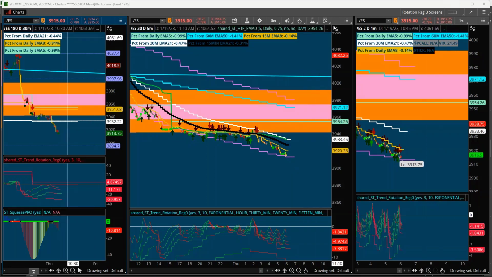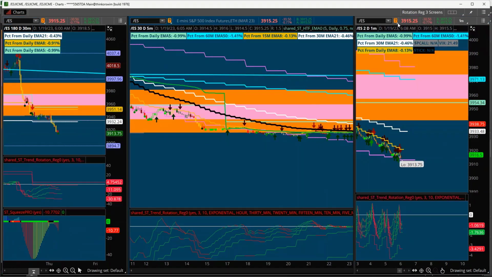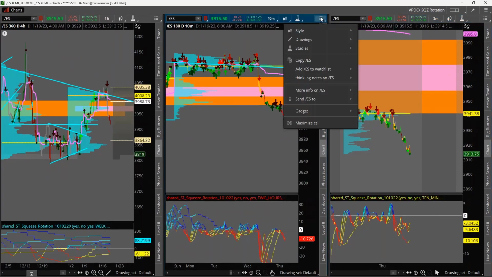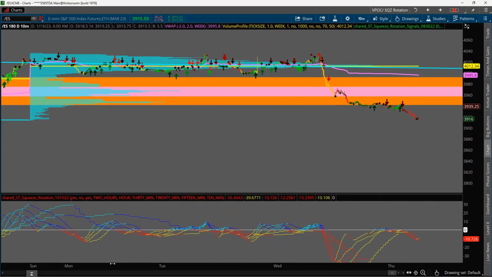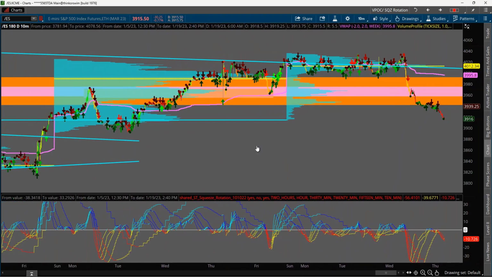As far as where I expect price to bounce, we could look at the weekly profile. Actually, not this chart, sorry. Let's pull up the weekly. Go on profiles, see where we potentially may bounce. So we actually might start bouncing here.